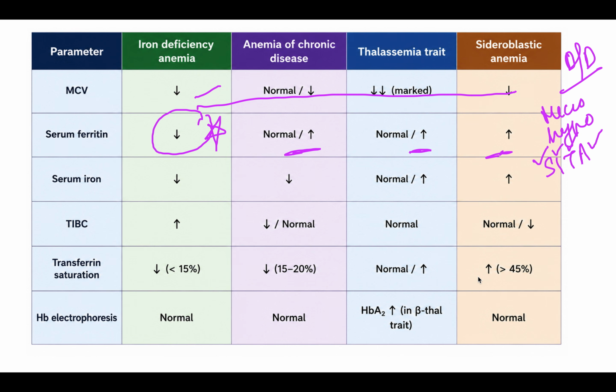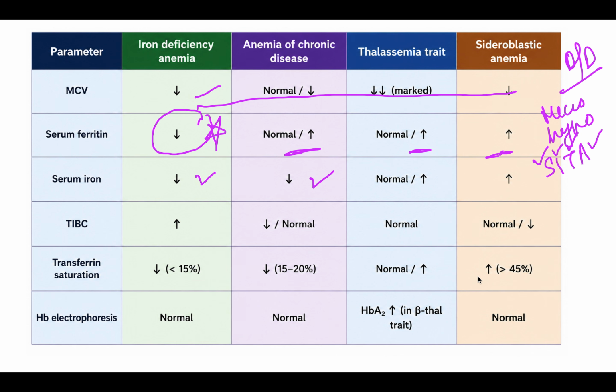Serum iron will fall in iron deficiency anemia. It will also fall in anemia of chronic disorder, because hepcidin is not allowing the iron to go into the plasma. It is present in the stores, but it is not allowing it to go into the pool.